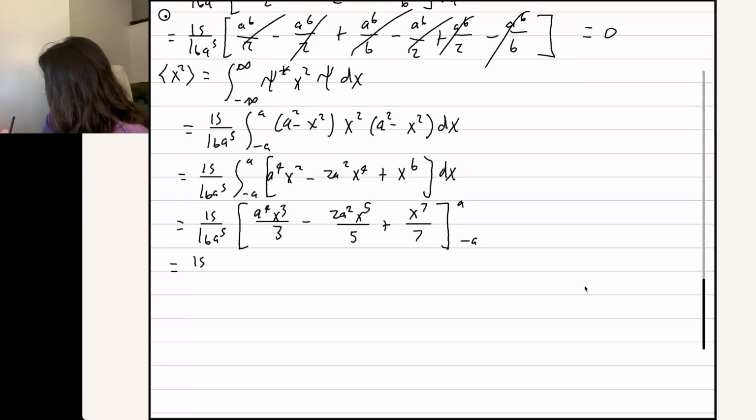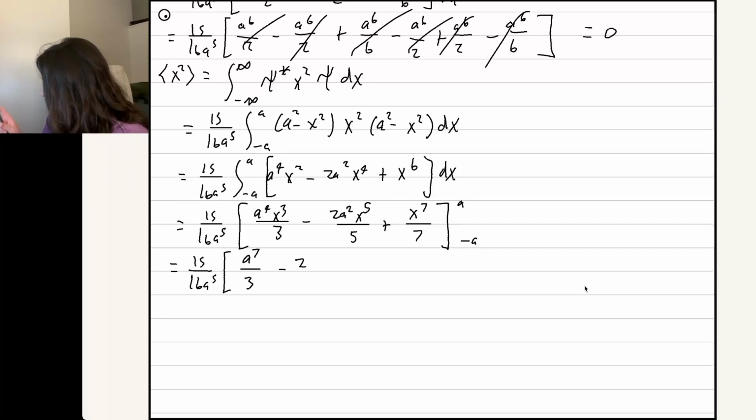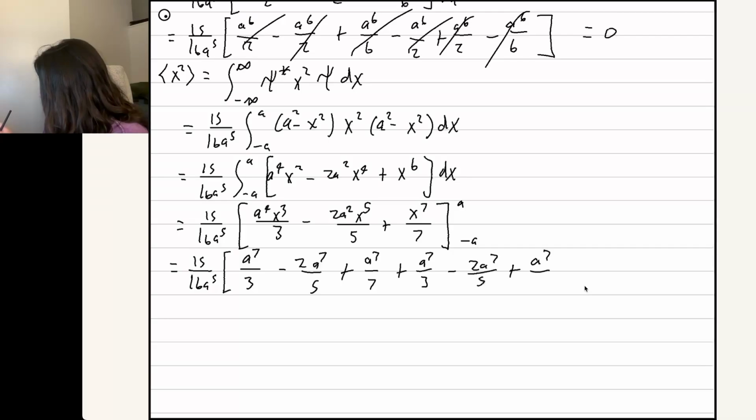So we got 15 over 16a to the fifth. We got a to the 7 over 3 minus 2a to the 7 over 5 plus a to the 7 over 7, plus a to the 7 over 3 minus 2a to the 7 over 5 plus a to the 7 over 7.